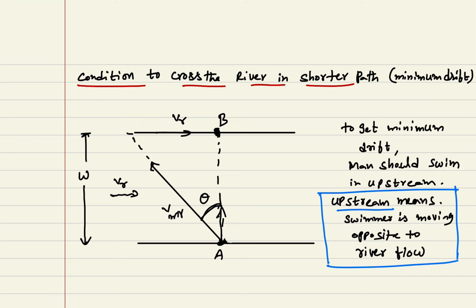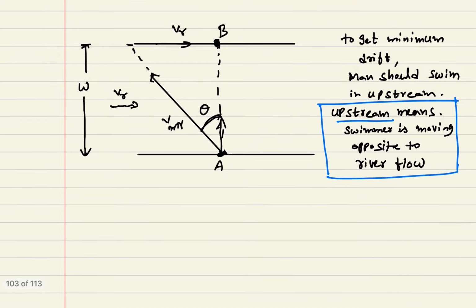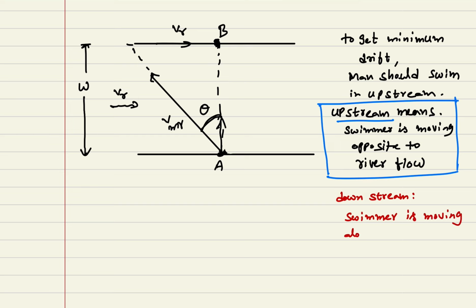Okay, this is the meaning of upstream. Similarly, downstream means the swimmer's direction is along the direction of the river flow. Our swimmer is moving along the direction of the river flow.